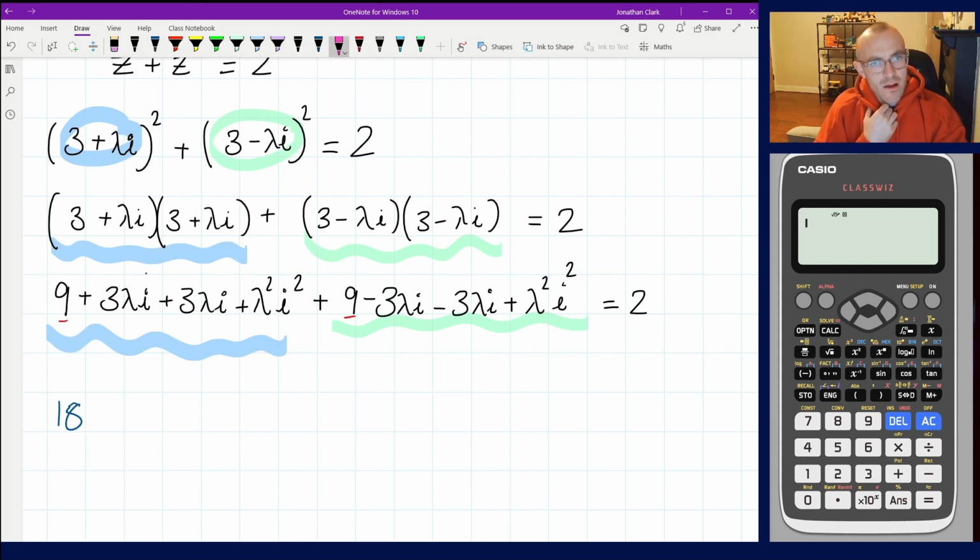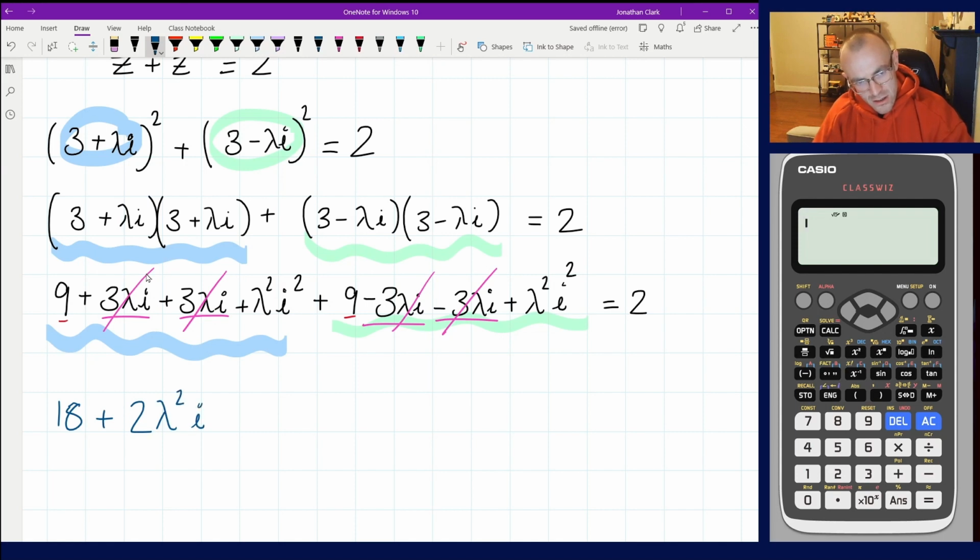The other bits, though, these imaginary bits, 3 lambda i, take away 3 lambda i, take away another, they are all going to cancel out. They're all gone. Great. And I've got these two terms here, lambda squared i squared, and I've got 2 of them. I'm just going to write that as is at the moment.